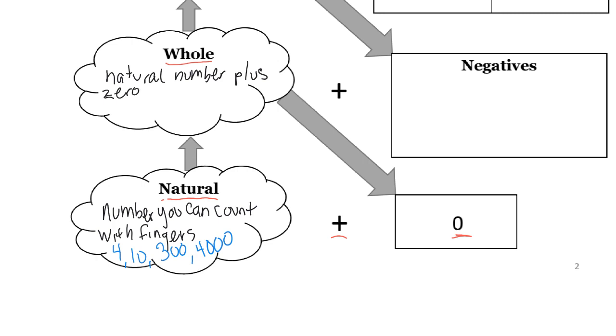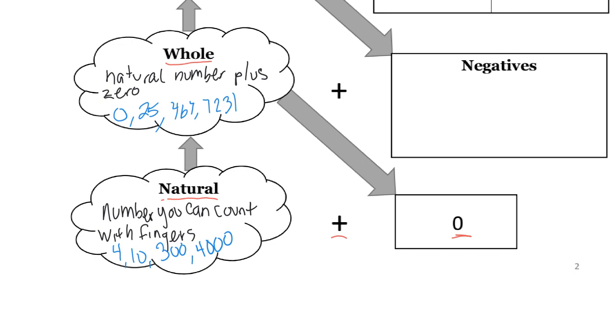I would put the same ones we did before, but now we have 0 included. So maybe 0, 25, 4, 67, 7,231. Just random numbers. Those are whole numbers. So it's natural numbers, things you can count on your fingers, plus 0.